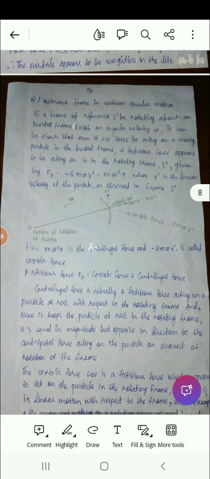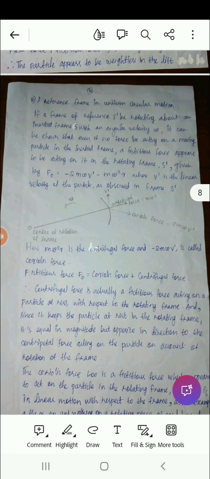And another example of a non-inertial frame is circular motion. That is a reference frame in circular motion. Let's consider a frame of reference S dash rotating about an inertial frame S with an angular velocity omega.